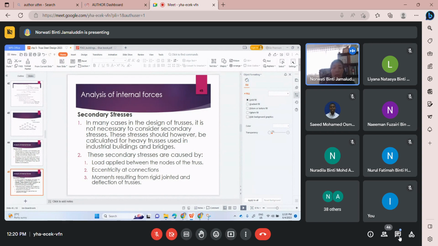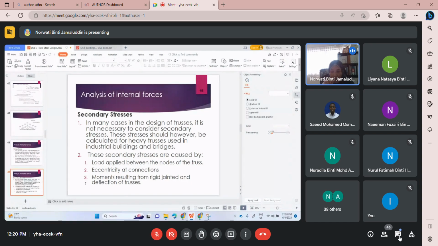Secondary stresses are caused by, first, if you have load in between nodes, like what I explained yesterday.